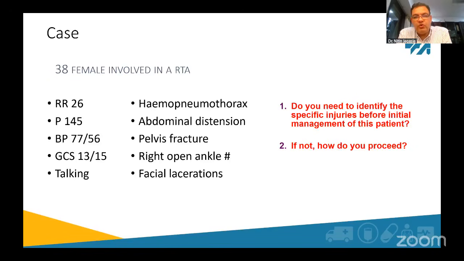Do we need to know specific injuries? I've actually put them on the screen. She's got a hemopneumothorax, abdominal distension, a few fractures and lacerations. Do we actually need to know the exact injuries this patient has? The answer is no, as we know it with primary survey and ATLS. So how do we proceed?